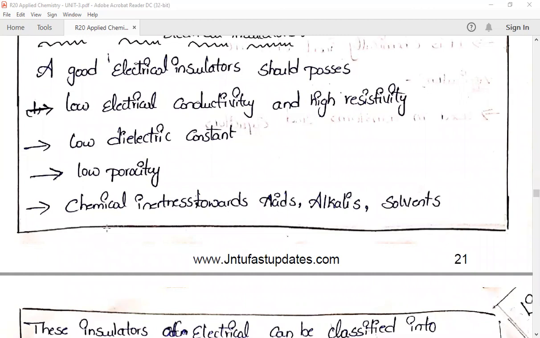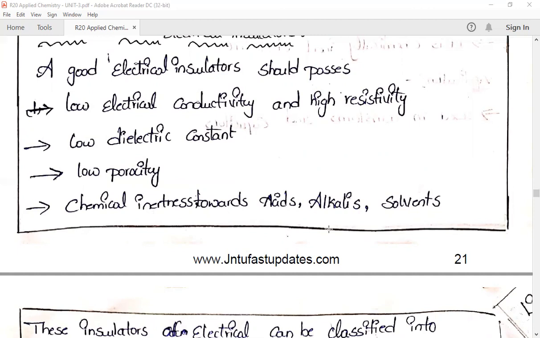Coming to the last characteristic, a good insulating material should be chemically inert to acids, alkalis, oils, solvents, moisture, and gas fumes.